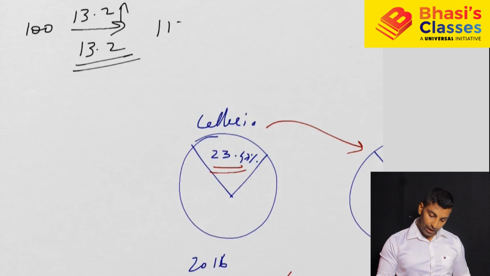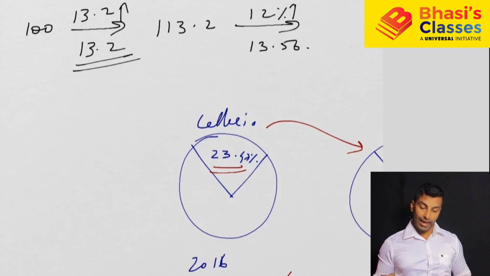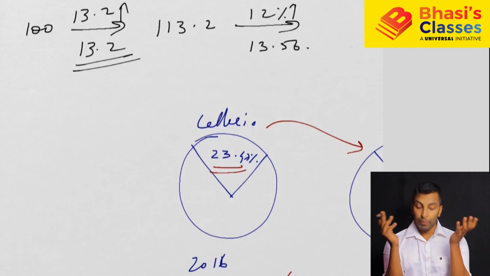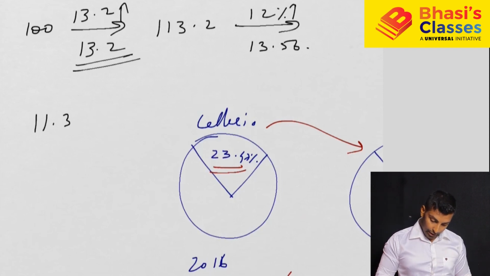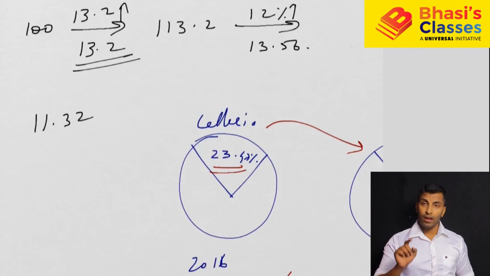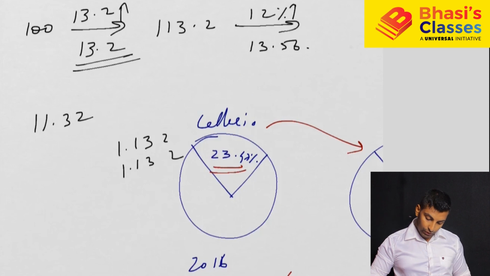Then what you got is 113.2. Then there is a 12 percent increase, so 12 percent of 113.2 means 13.56. How will I get that 12 percent? See, 10 percent is 11.32. 1 percent is 1.132. 2 percent is 1.132 plus 1.132, so you get 2.26.